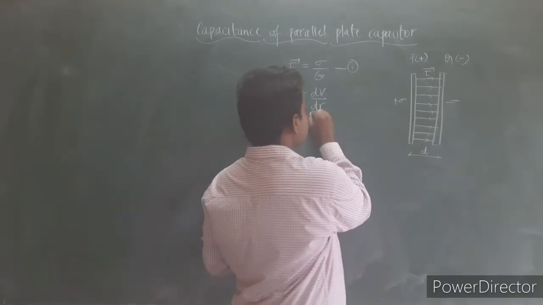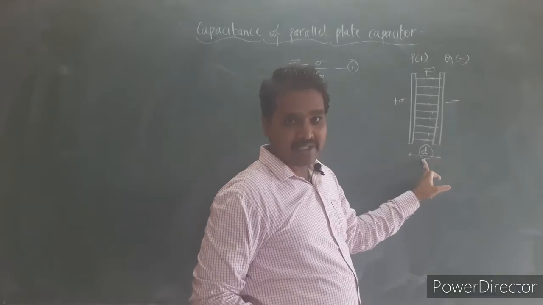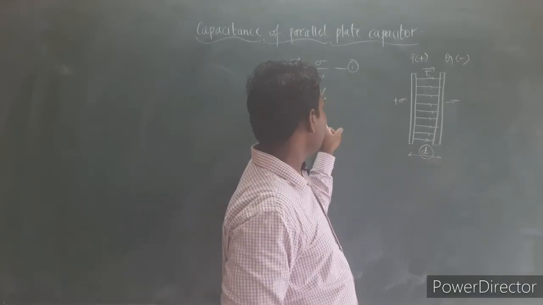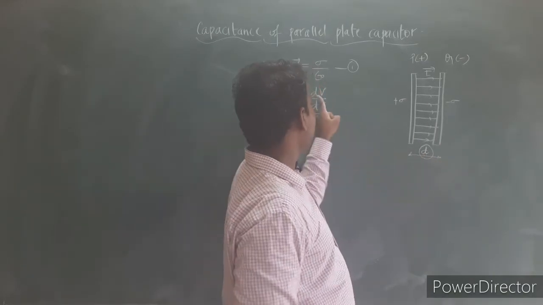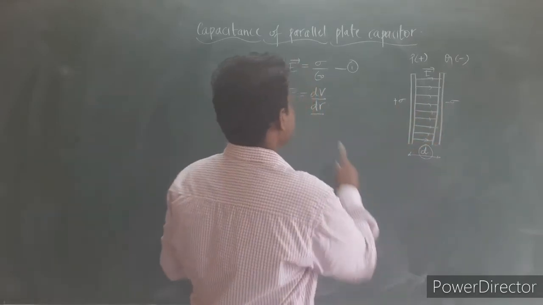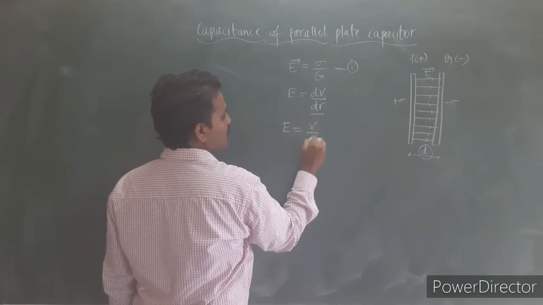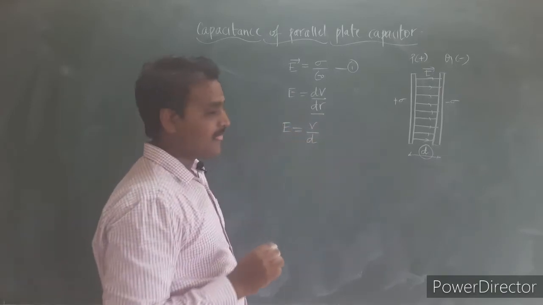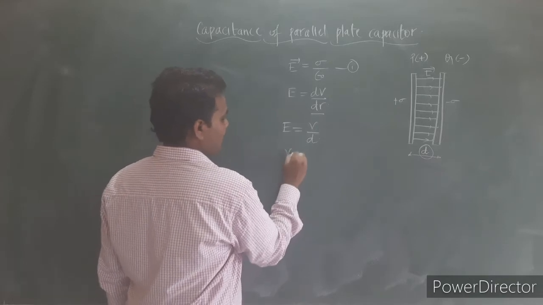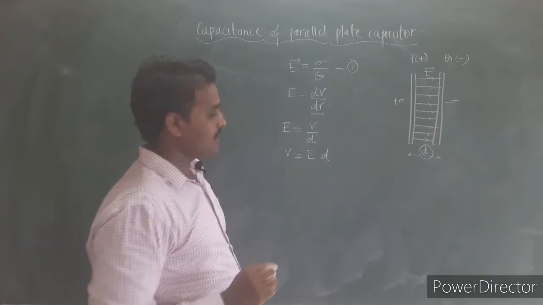So here this distance is nothing but d. We are taking both the plates separated by a distance of d. So dr can be replaced by d, and dV, the potential difference, let us take it as V. So I can write E is equal to V divided by d. So this potential I can write as V is equal to E into d.